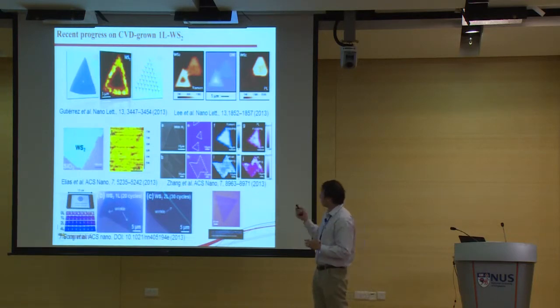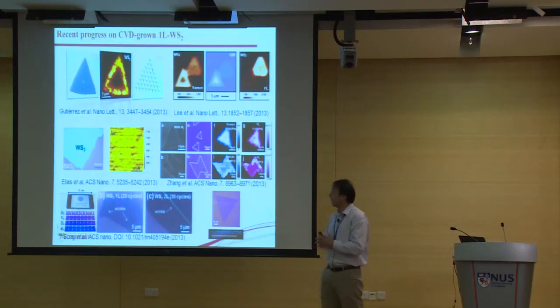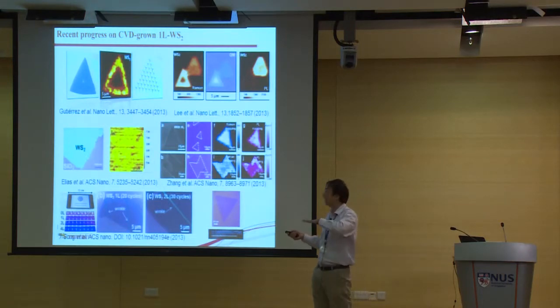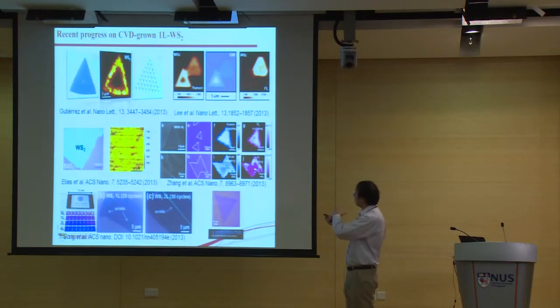And after that, the Penn State group reports they are able to grow a continuous multiple domain thin film, still a monolayer of tungsten disulfide. And the recent one is by Professor Liu Zhongfan at Peking University. They also use CVD to grow monolayer tungsten disulfide.